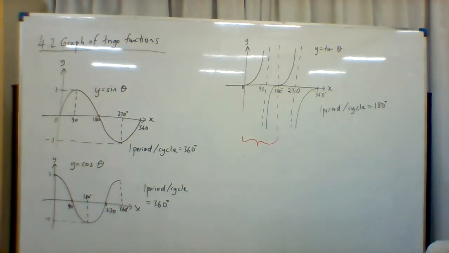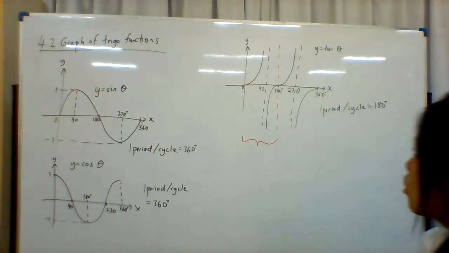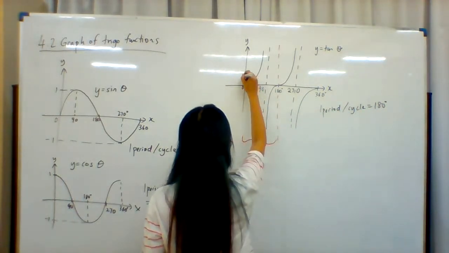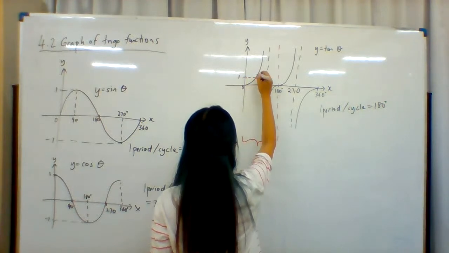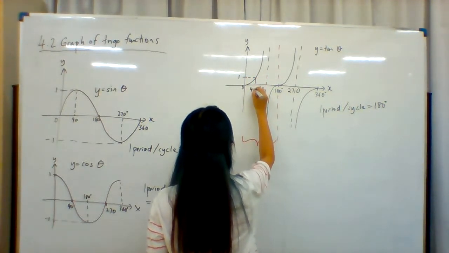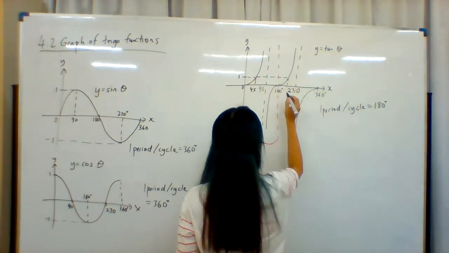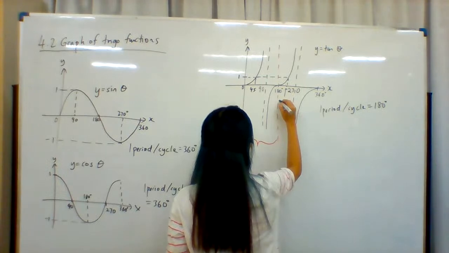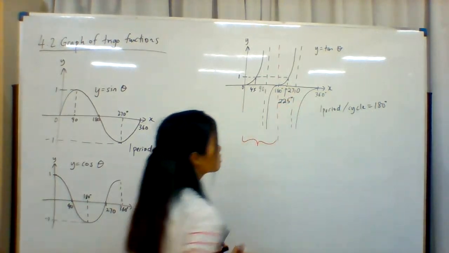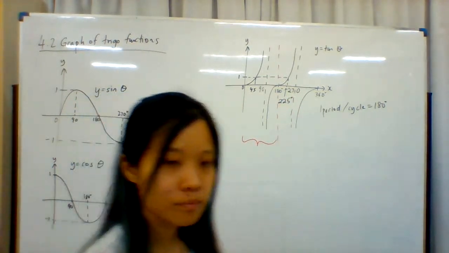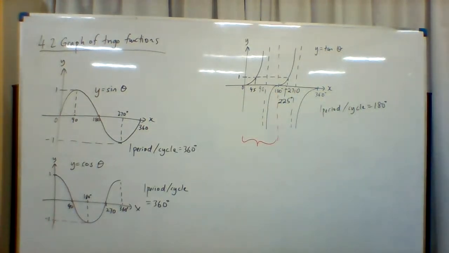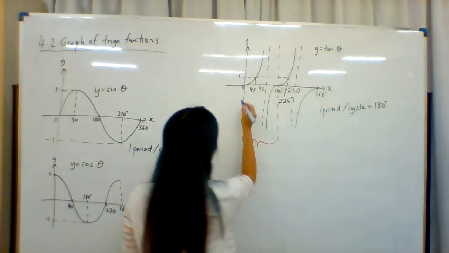And then you need to remember that the x-intercepts are 0, 180, and 360. And I want you to also, if you can, remember where it is at 1. At 45, and also at, sorry, I labeled down here, I'm scared you cannot see, 225 degrees. Okay, and for your -1, sorry, I labeled it different.